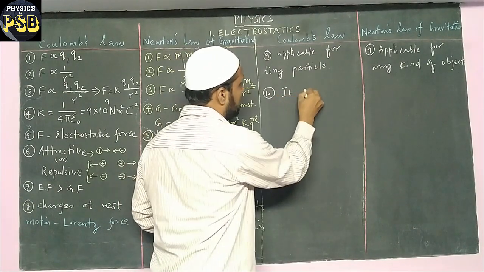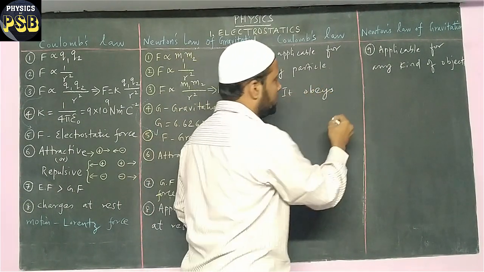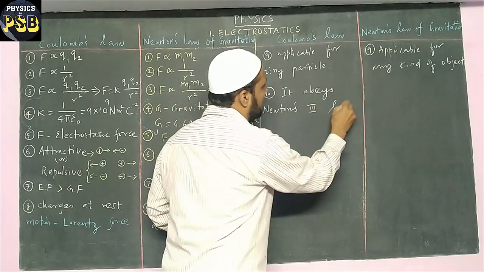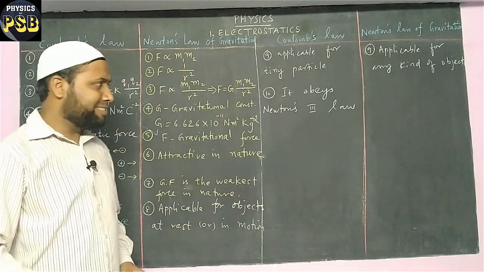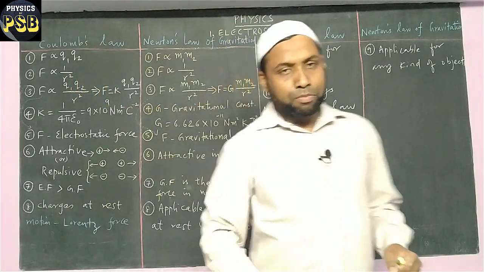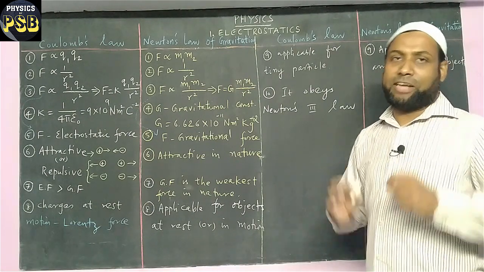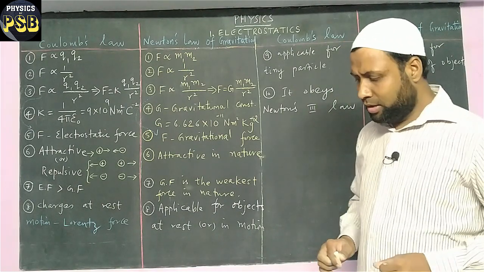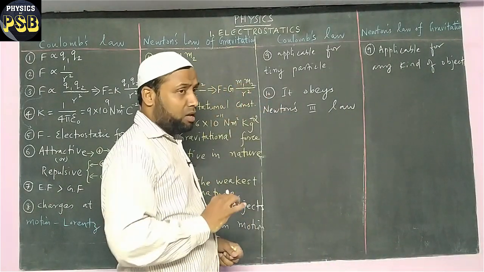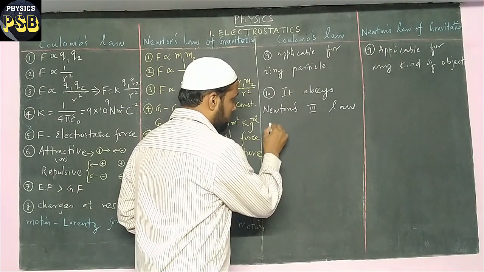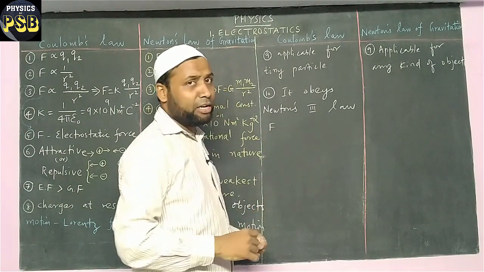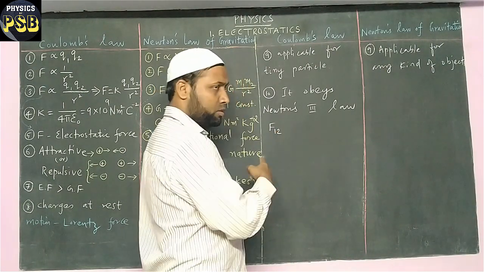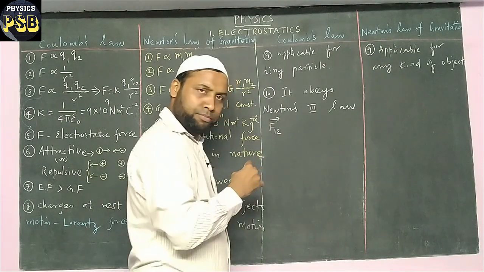Coulomb's law obeys Newton's third law. We know what Newton's third law is. Newton's third law says that every action has an equal and opposite reaction. I will tell you how it is applicable in the case of Coulomb's law. Suppose I call F the force acting on charge 1 exerted by charge 2. This is F12 vector.